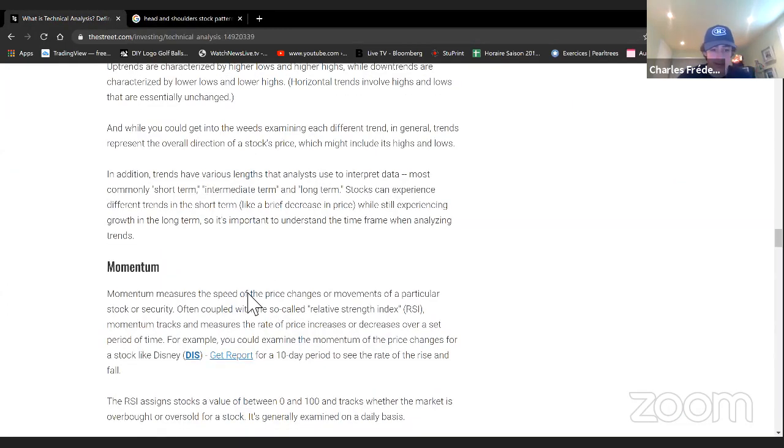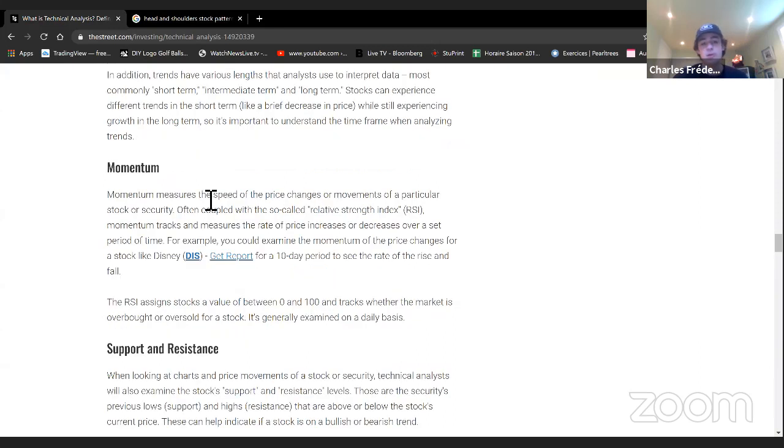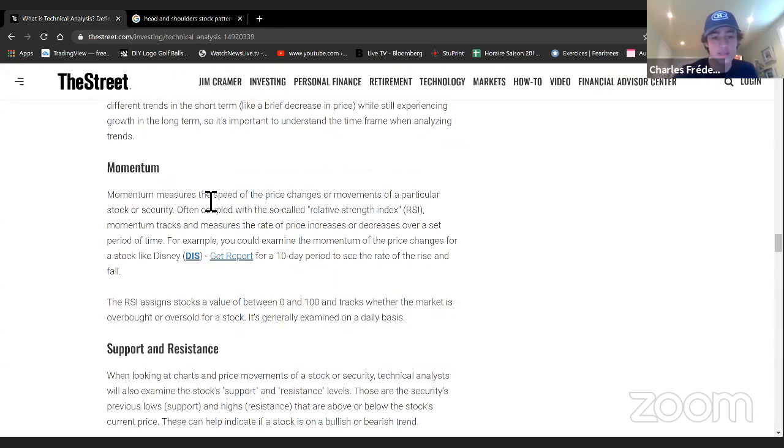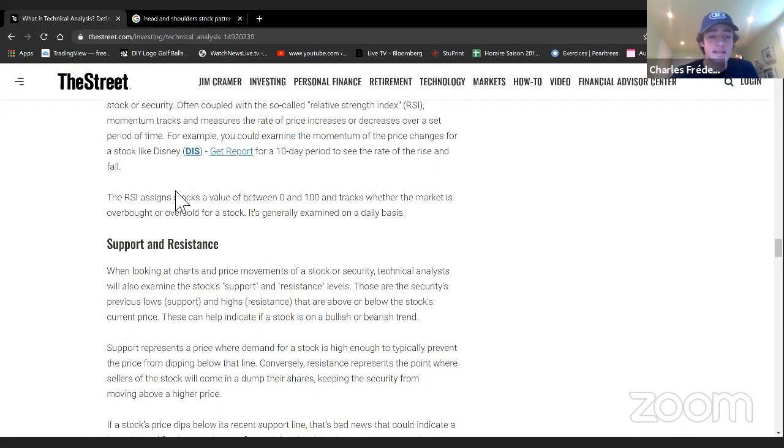You can look at the strength, the momentum tracks, that's what they call it. So you could find the momentum of a price change in a stock like Disney. But it's all these technical things combined together that will help you analyze with technical analysis.